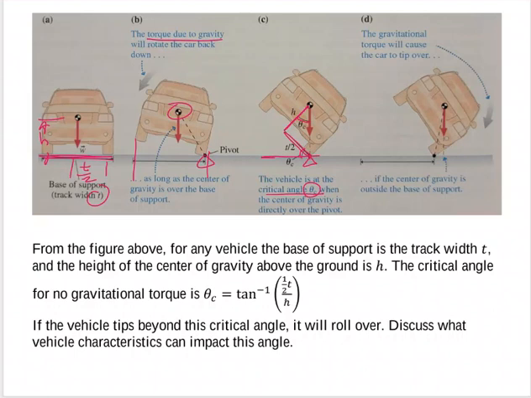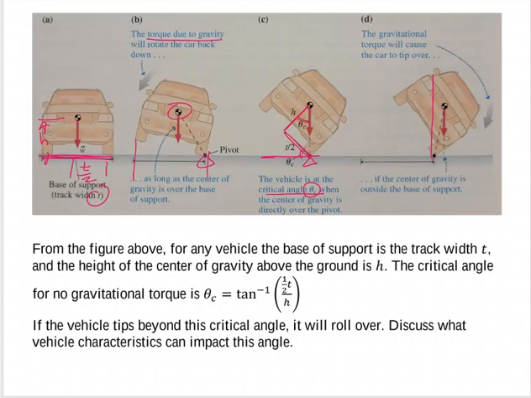We're trying to find that critical angle; in a little bit, we'll talk about that. Once we're immediately outside of that vertical position, where the center of gravity was directly over the pivot point, the vehicle or whatever the object is will tip over completely. Once we're outside of the base of support, we fall over.